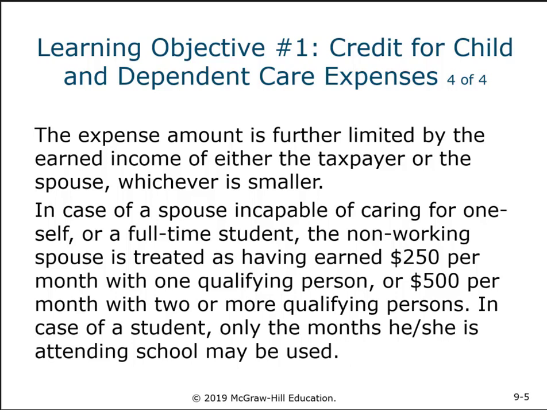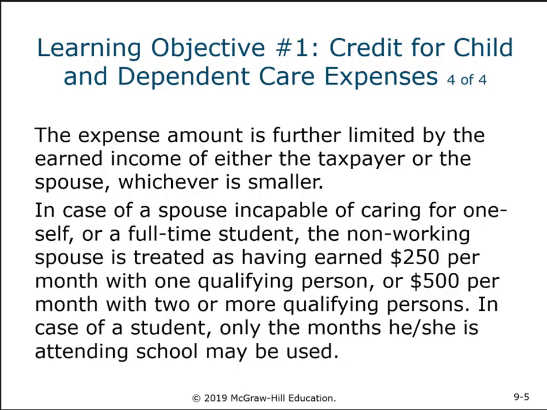If you're a single parent, head of household, then obviously you just have to have earned income from that individual. But when married filing jointly, it is the income of the lowest paid spouse.